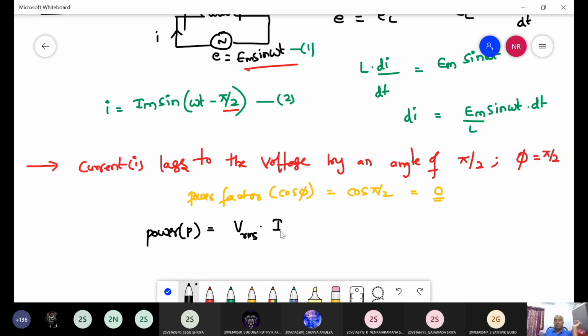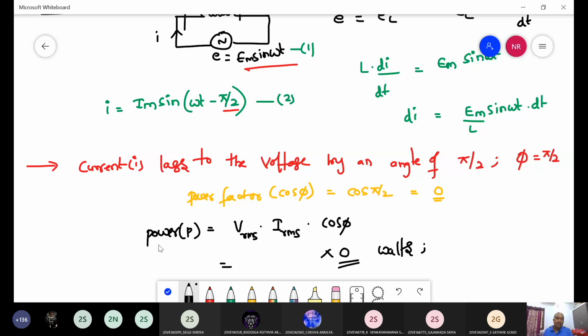V RMS into I RMS into cos phi. Here cos phi is equal to 0. Then 0 into current into voltage. What is that resultant value? 0. So here, pure inductor consumed power is 0 watts. It means pure inductor does not consume any power. Right? This is the thing that happens.